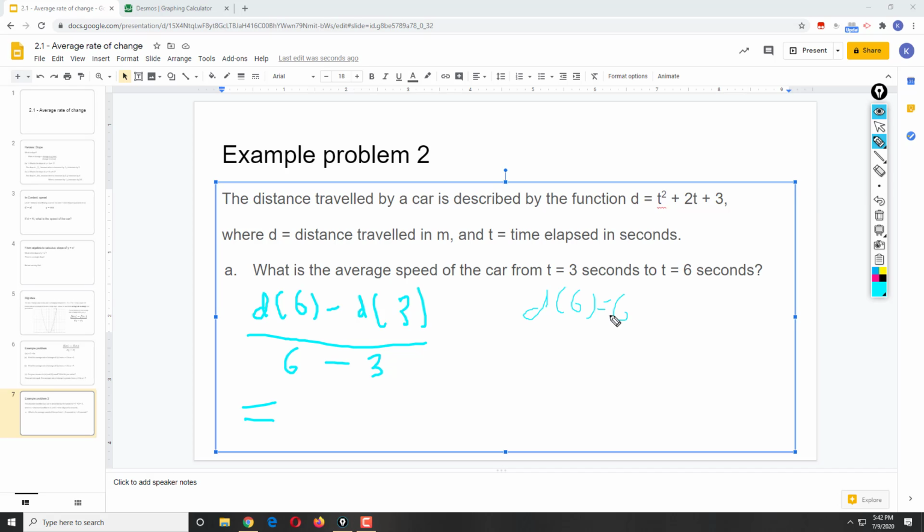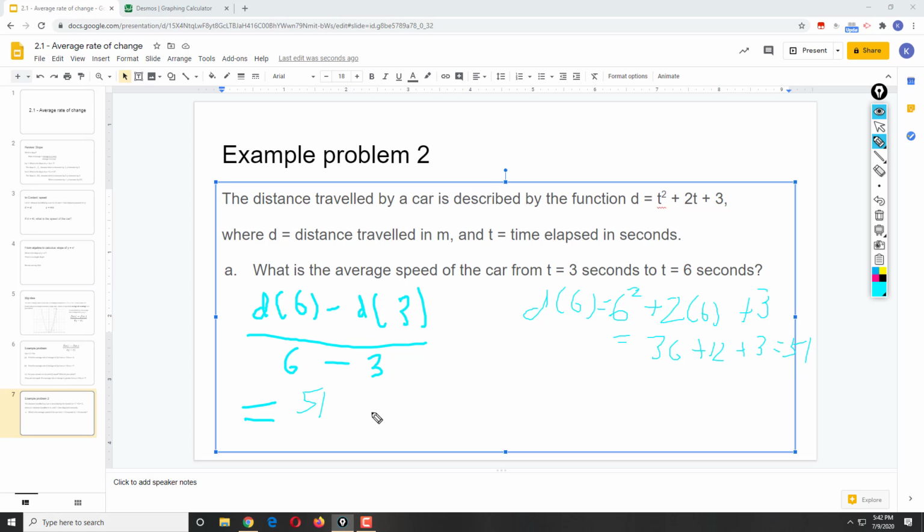D of 6 is 6 squared plus 2 times 6 plus 3. That's 36 plus 12 plus 3. That's 51.